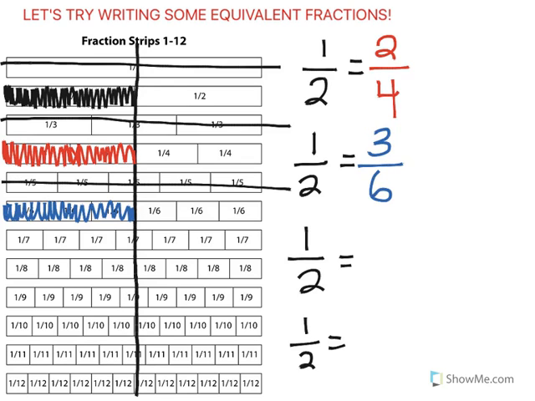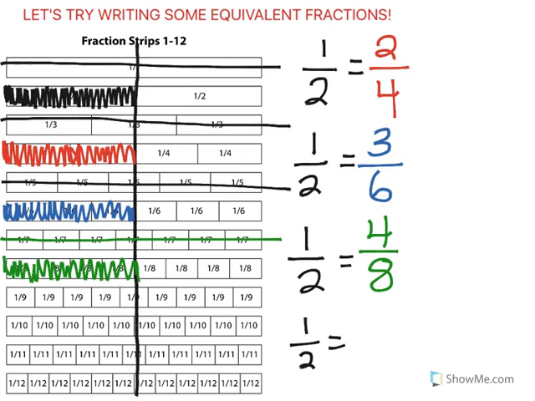And we can keep going, testing this out all the way down the fraction strips. So 7ths won't work, but 1, 2, 3, 4, 8ths is exactly the same. It's equivalent. See how all the shaded parts are the exact same size? Let's look for one more.